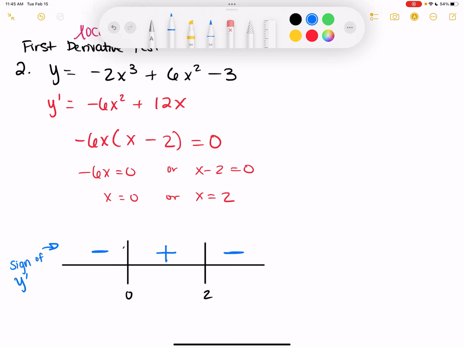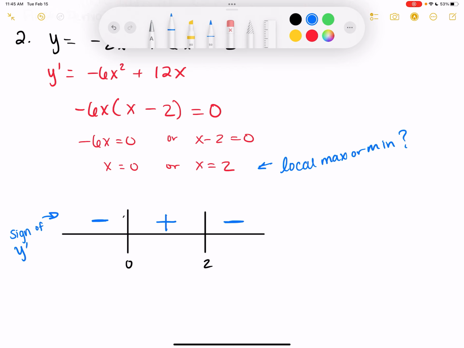We want to know at these points, are they local max or min? So that's what we're trying to figure out. By this, when we change from negative to positive, so from going down to going up, is that a min or a max? If I was going down and then I switched to going up, is that a min or a max?